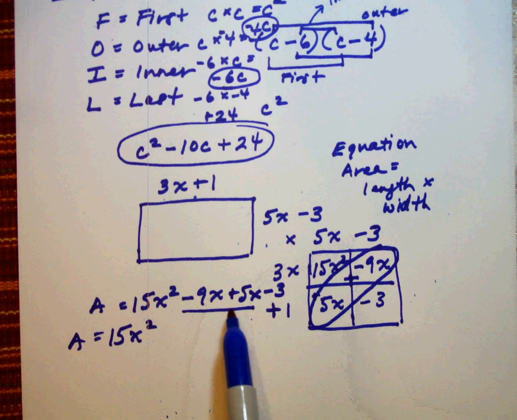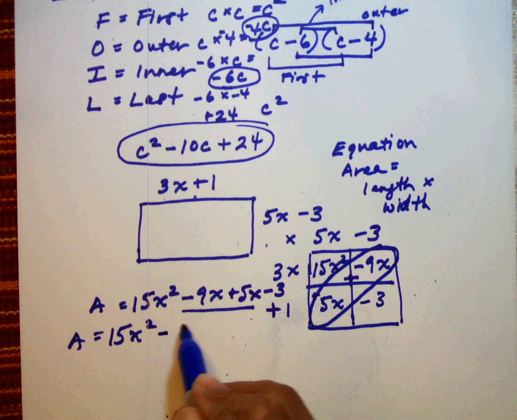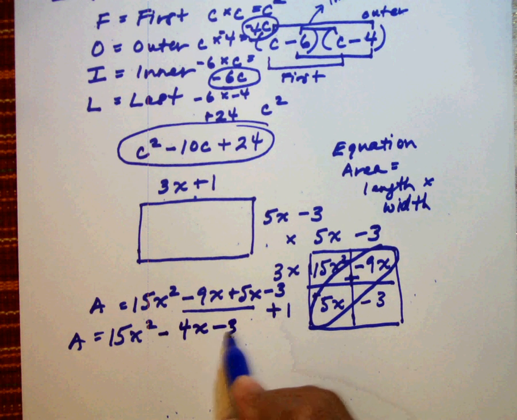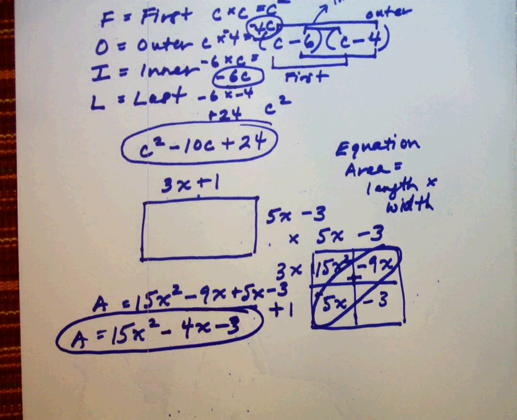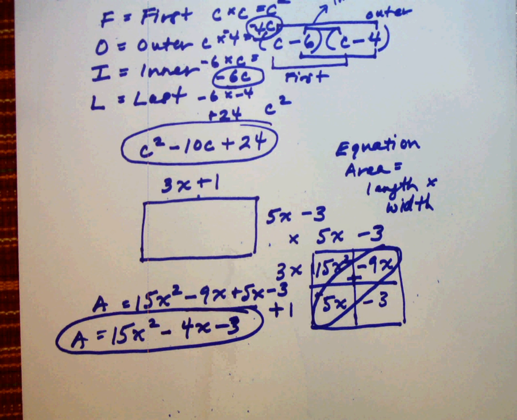Well, I'm still in debt because I'm still below what I had. So it's going to be a negative 4x. Then minus 3. So this is going to be my algebraic equation for finding the area of a rectangle.